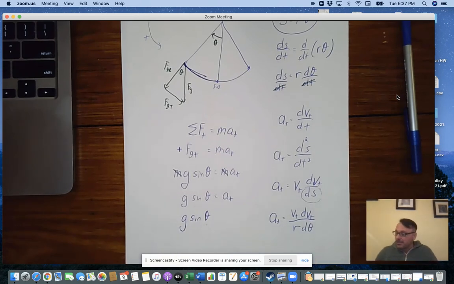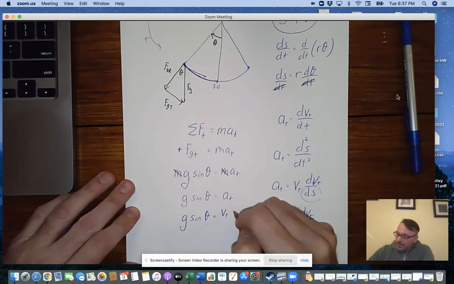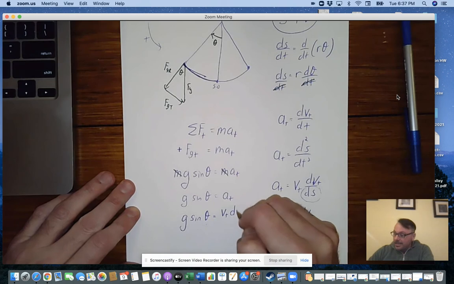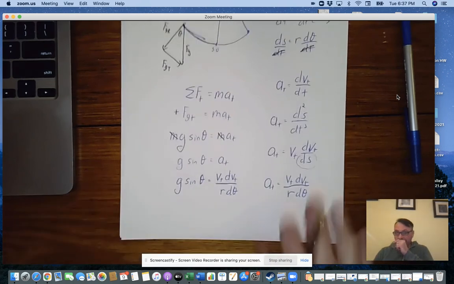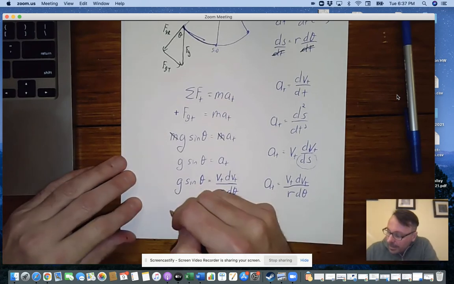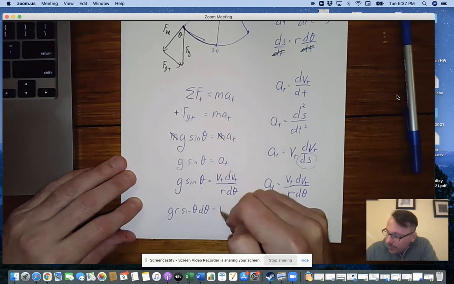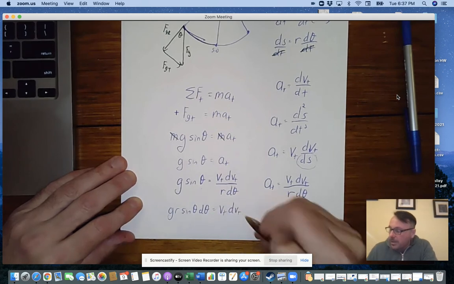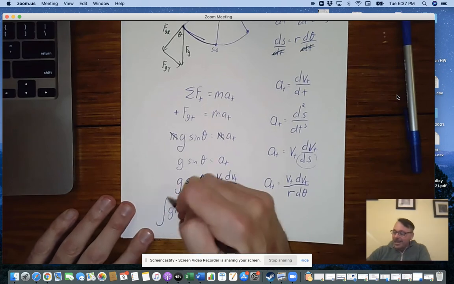Now, if you do this substitution, I have two variables, v_t dv_t over r d theta, right? And so I'm going to get g r sine of theta d theta is equal to v_t dv_t. And that is now separated, and I can integrate that.